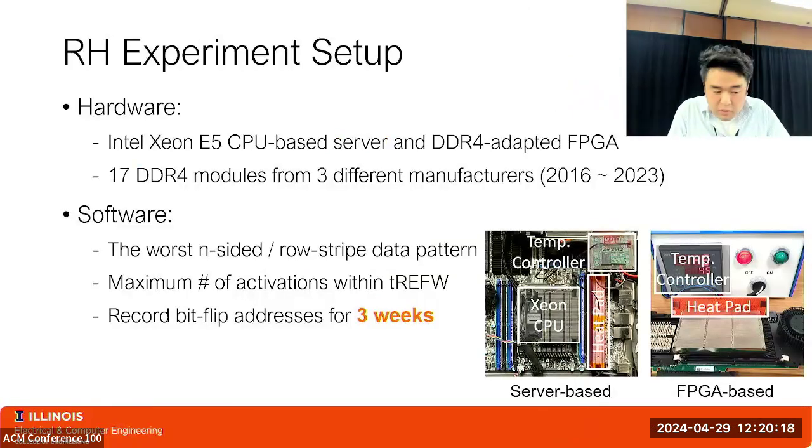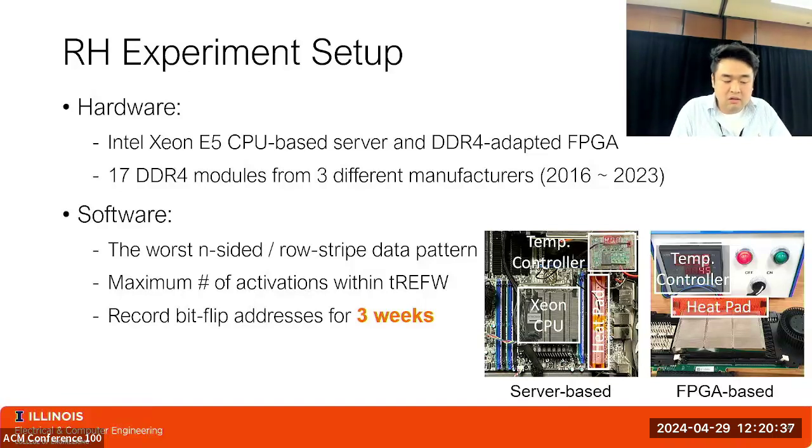In this paper, we used two evaluation systems, an Intel Xeon E5 CPU-based server and a DDR4 adapted FPGA. We evaluated 17 DDR4 DRAM modules from 3 different manufacturers between 2016 and 2023.